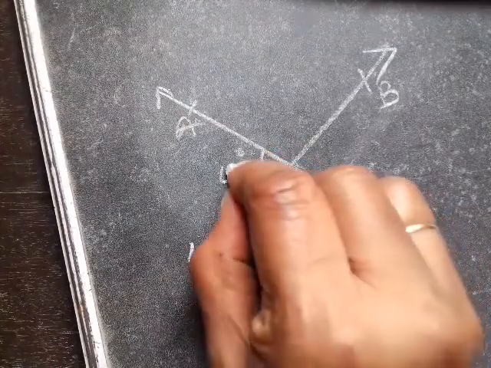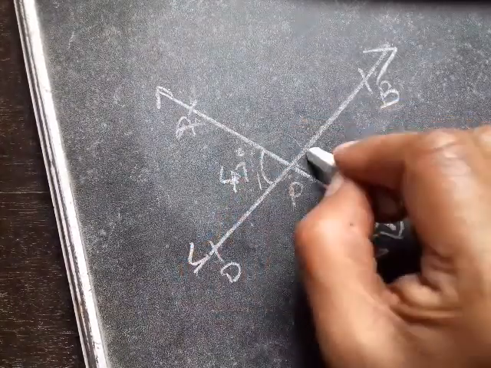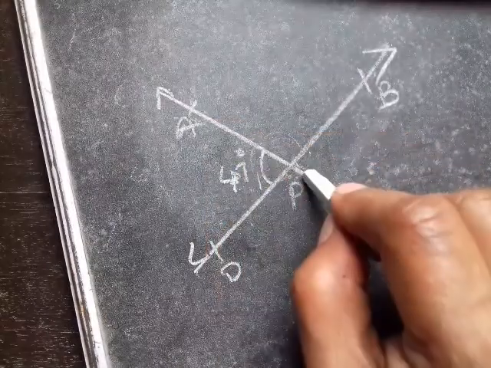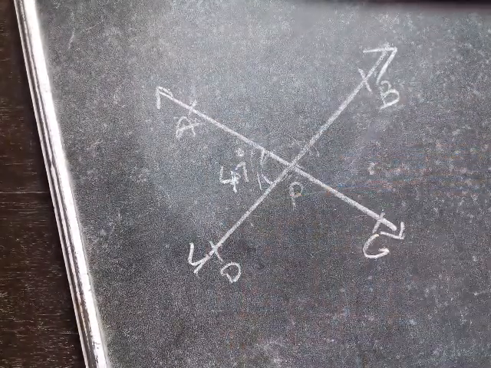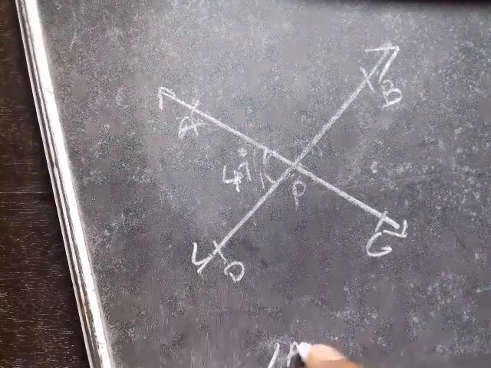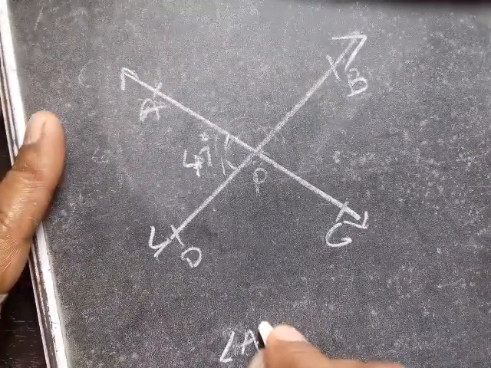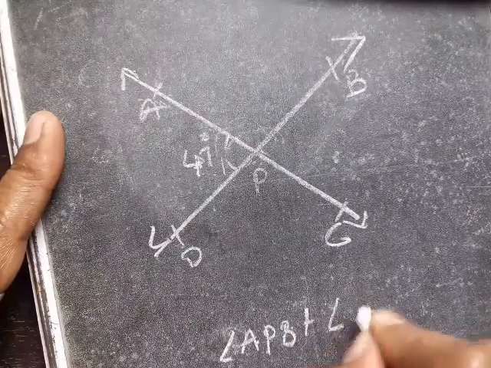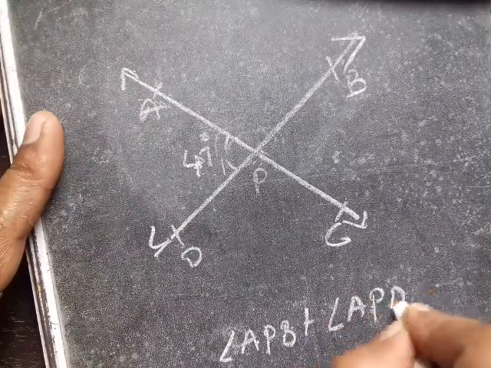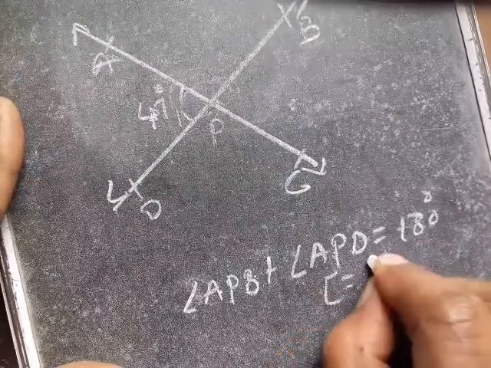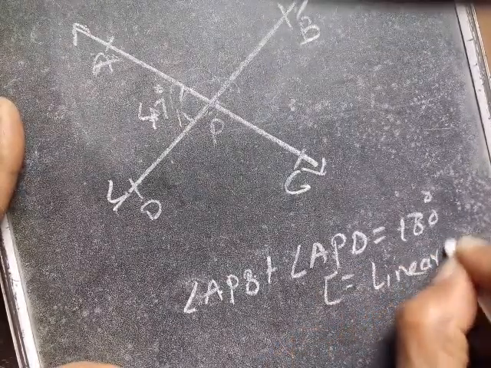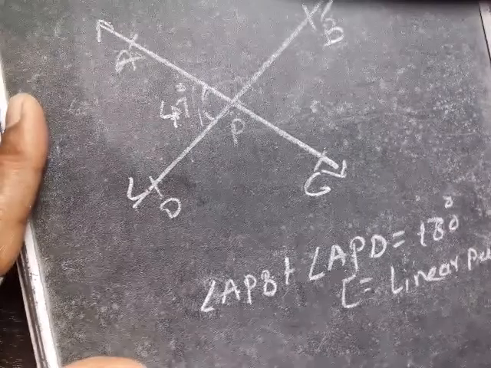These two angles, angle APD and angle APB, form a linear pair. So you have to write angle APB plus angle APD equals 180. What is the reason you have to write? Linear pair. They are forming a linear pair.